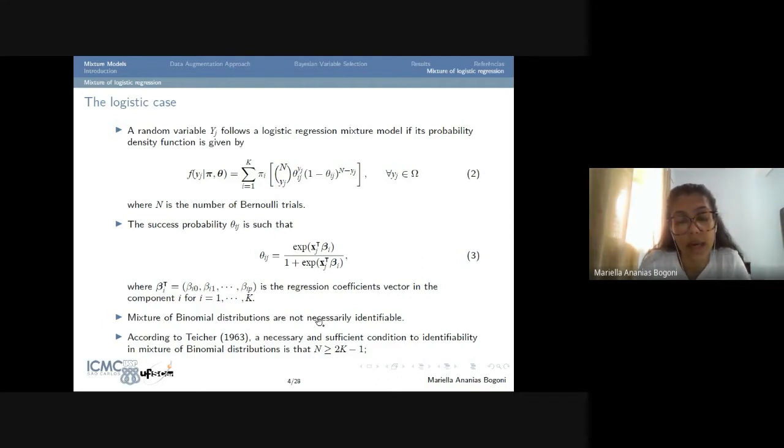In this work, we assume this condition to guarantee identifiability in this model. That's why we consider the binomial distribution instead of the Bernoulli distribution.